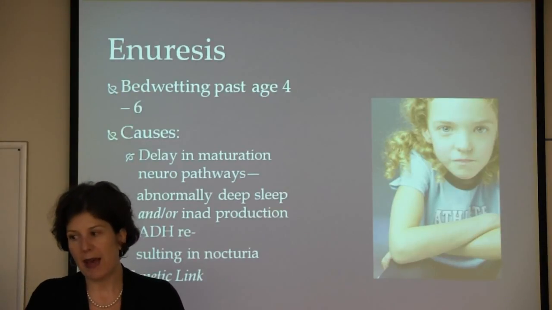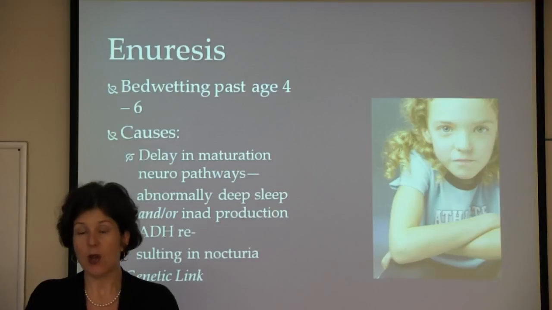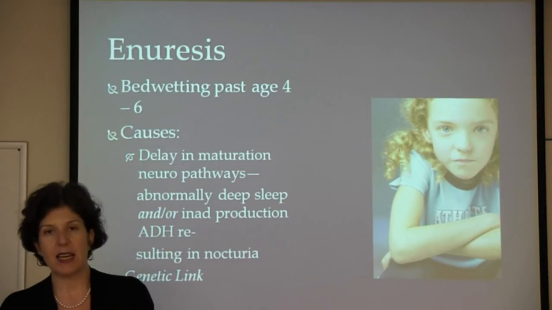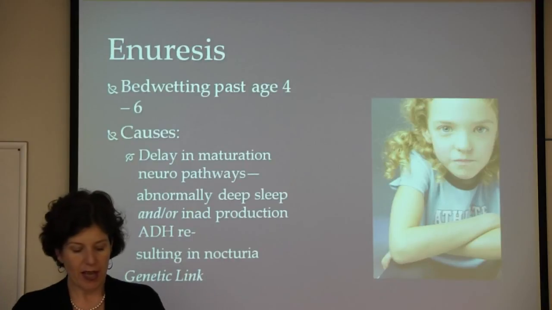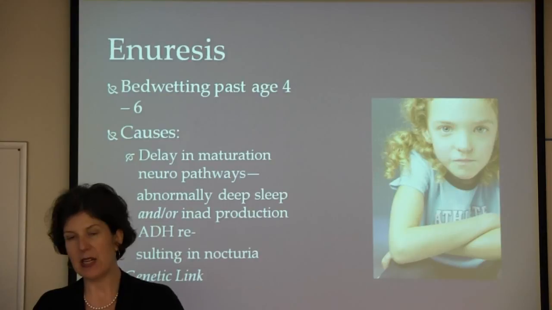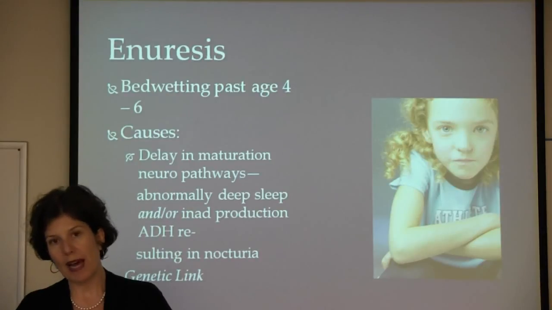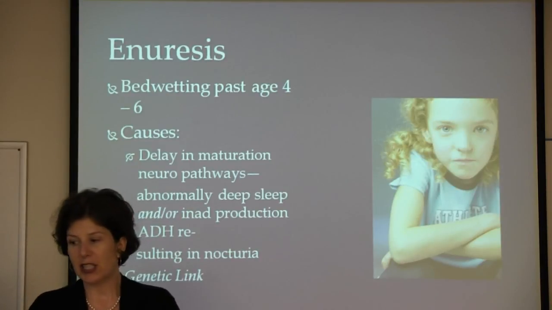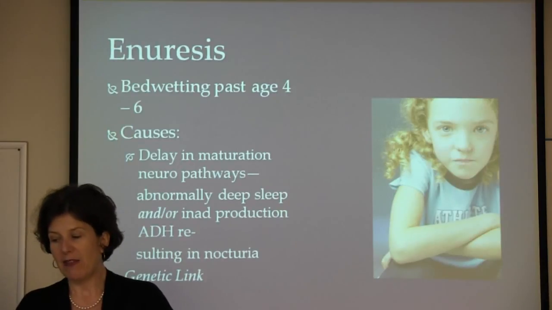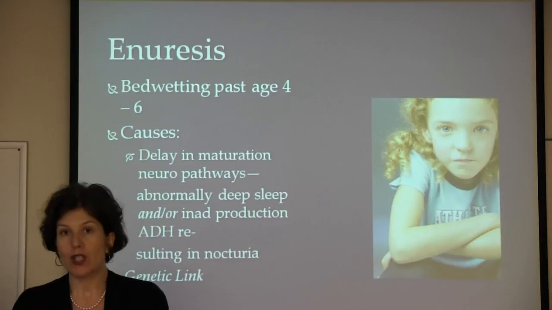Enuresis. This is wetting the bed after the age of 4 to 6, in a toilet-trained child. There are many different theories of why children develop enuresis. Sometimes it's secondary to the maturation of the neural pathways. These children actually get into such a deep REM sleep that they don't wake up and they don't feel the urge to void.